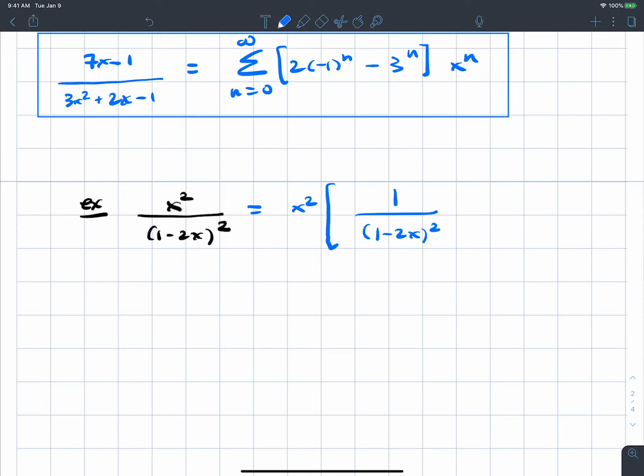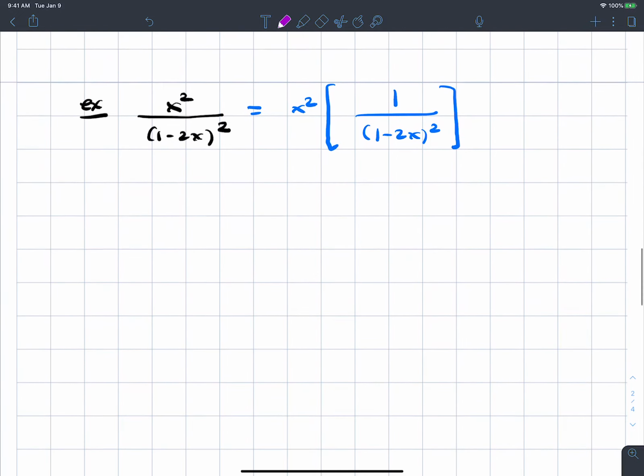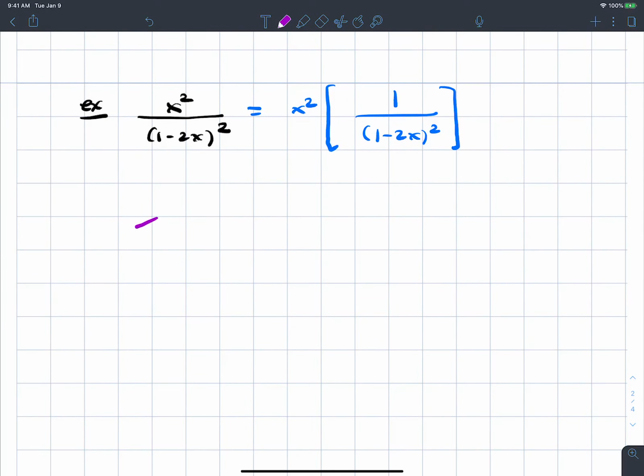So this morning, we developed this power series expansion where I have 1 over (1 minus triangle) to the second power. And I proved to you that this series expansion is the sum, n is 0 to infinity, of n plus 1 times x to the n.